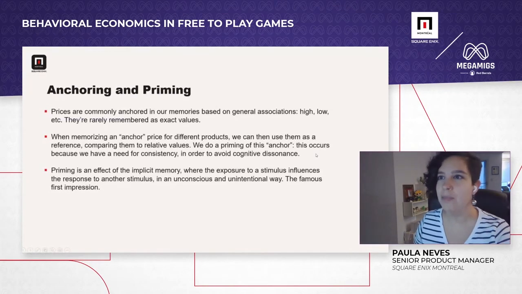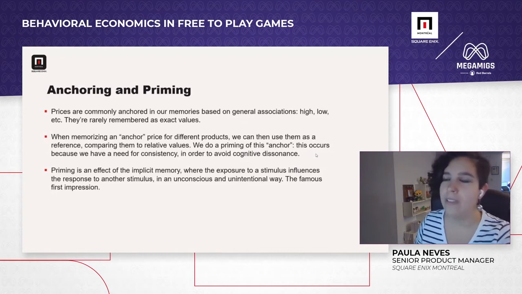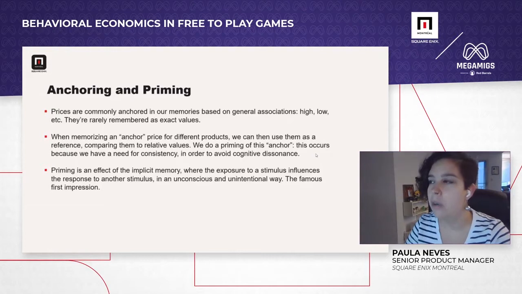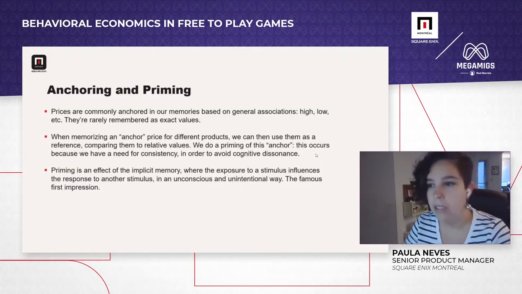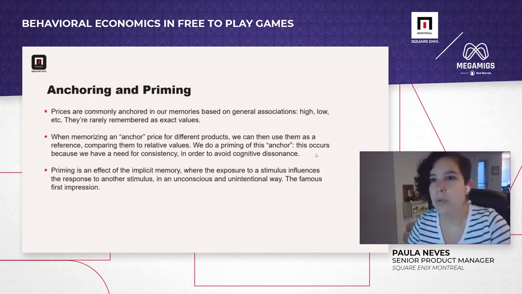Another wordy slide, but we'll get to the example soon. The prices are commonly anchored in our memories based on general associations like high, low. They're rarely remembered as exact values. Even if you're a user acquisition manager and someone asks you, what's an expensive CPI for a casual game in the US, you will say something like maybe 2 or 2.50.